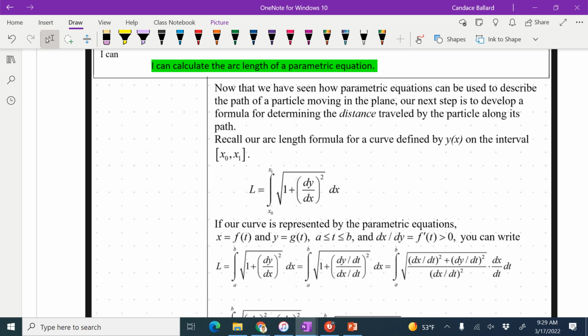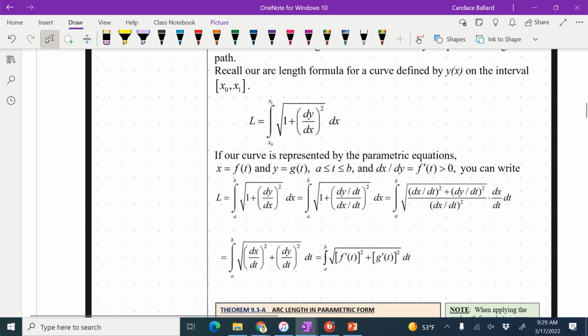Give you about 1 more minute to go back through. If you haven't looked at that formula yet, try looking through that.